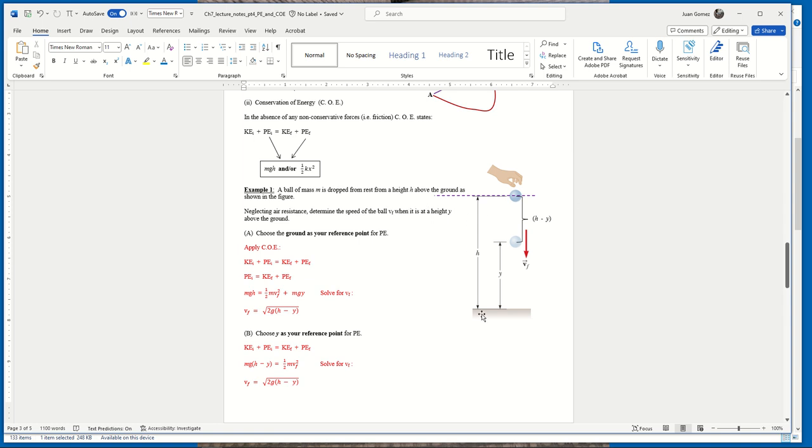The height of the ball is changing. It starts off at a height of h above the ground. I want an expression for VF when it's at a height of y above the ground. Well, let's do this problem a couple of times. Let me choose the ground as the reference point. Let me pause it for a second.